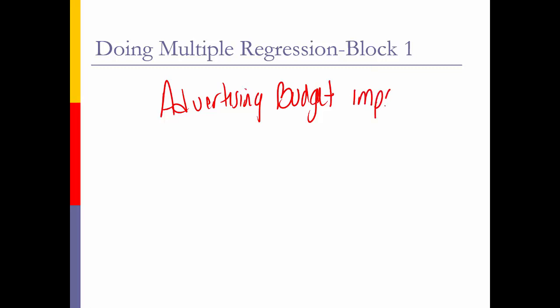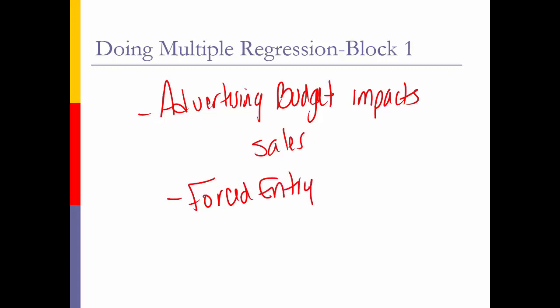Advertising budget impacts sales. So advertising budget is going to be put into block 1, right? And there's only one piece of information going in here. So you're going to go ahead and use a forced entry.